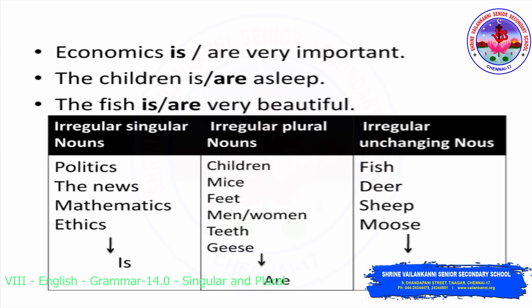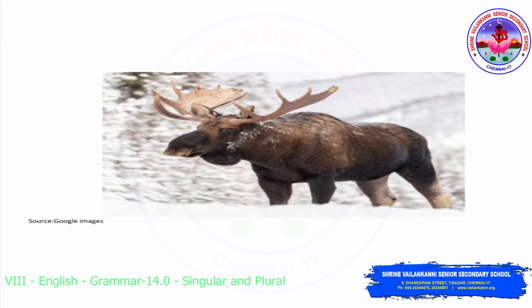So generally, you must keep this in mind. The same with deer and sheep and moose. One moose, two moose. We rarely talk about such things, but that's how it is. Moose is nothing but a large deer.